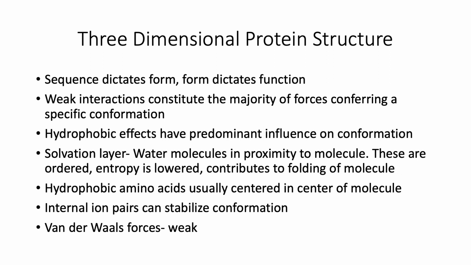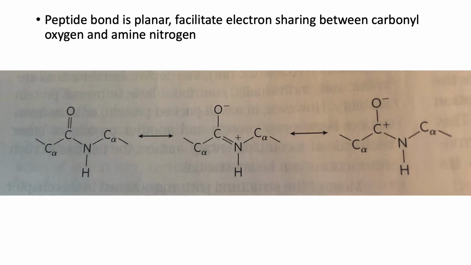Additionally, as I said, the hydrophobic amino acids are centered in the middle of the molecule, and there are occasional internal ion pairs, for example, between arginine and aspartate, which can stabilize the conformation. These are actual ion pairs that exist within the protein itself. And van der Waals forces, as we've discussed with water, are also weak, but they are contributory to the protein structure stabilization.